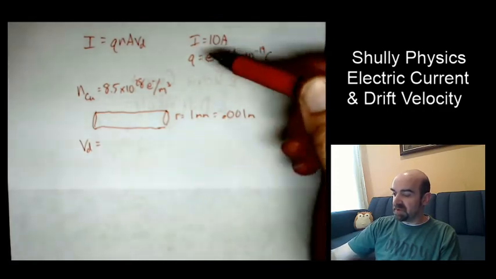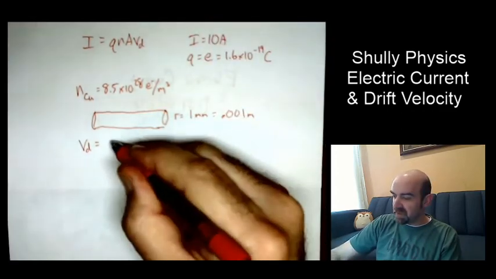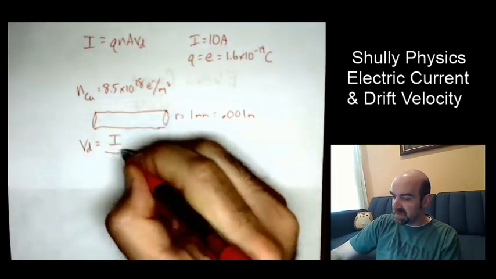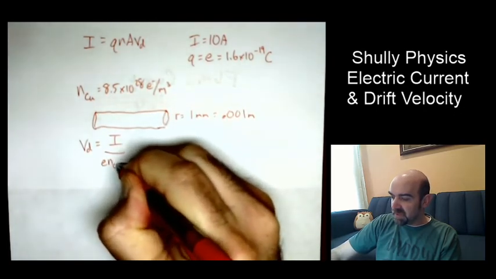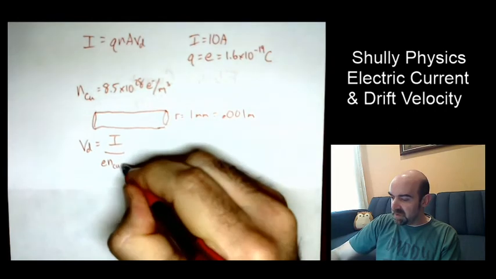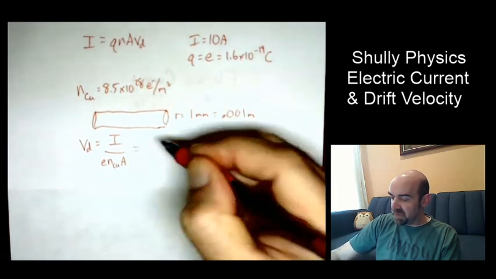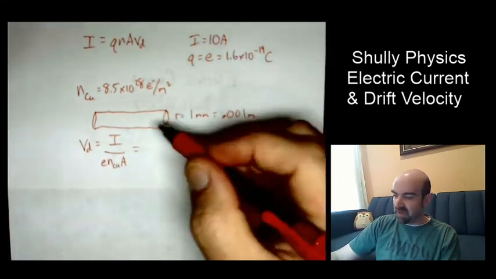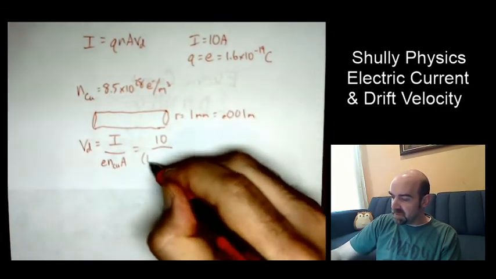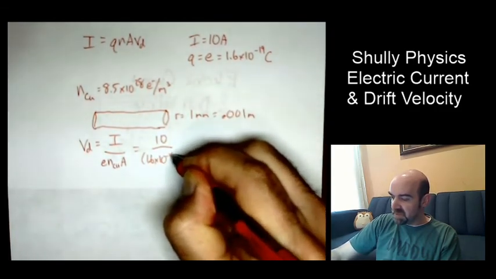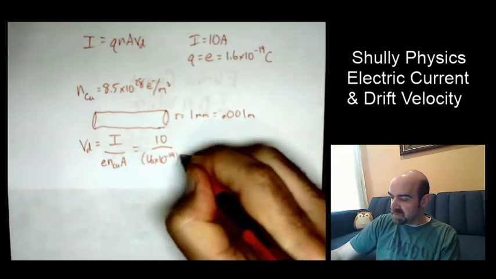So what is our drift velocity going to be? We rearrange this. We're going to have I divided by e, N for copper, and A. We have a current defined as 10 amps. e is 1.6 times 10 to the negative 19 coulombs.